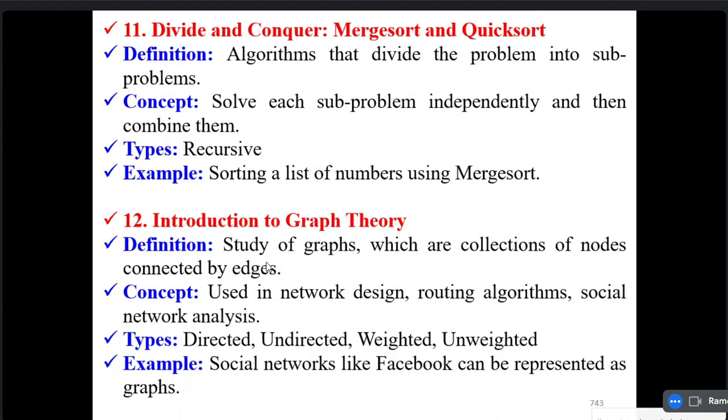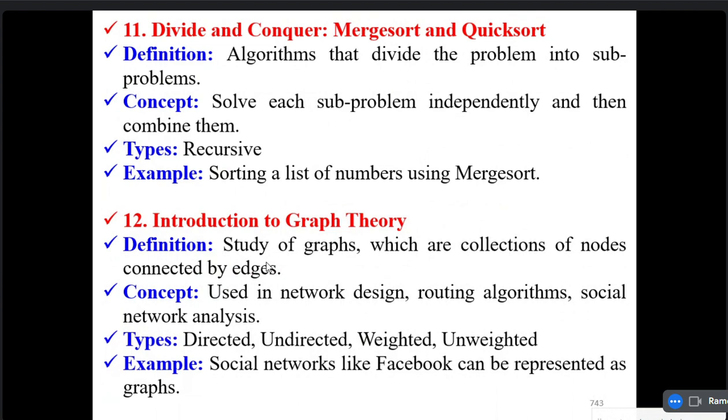Then introduction to graph theory. A graph is a collection of nodes connected by edges. It is the study of graphs, which are collections of nodes connected by edges.